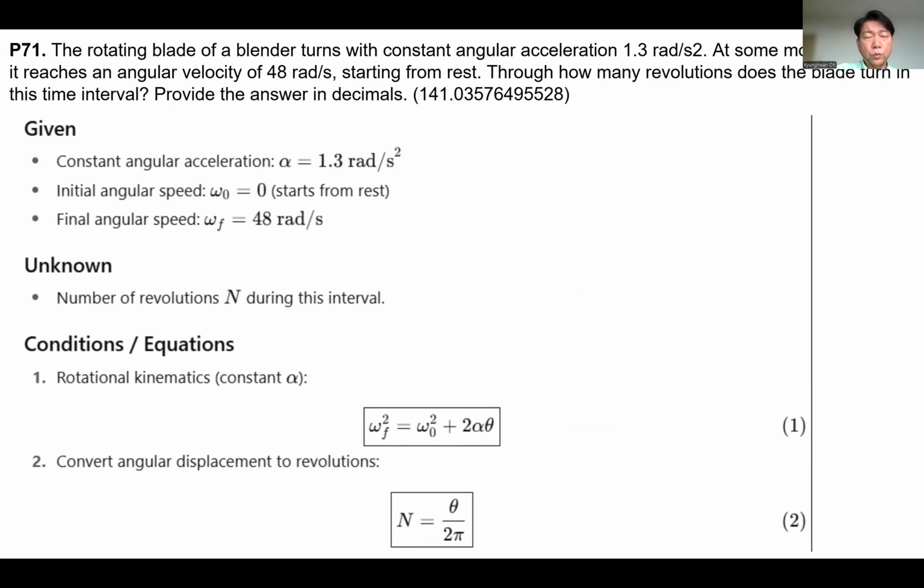Okay, so we have also done this partly during the class, but we have to review once again. The rotating blade of a blender turns with a constant angular acceleration. So it's rotational kinematics. Theta is given by theta 0 plus omega t.